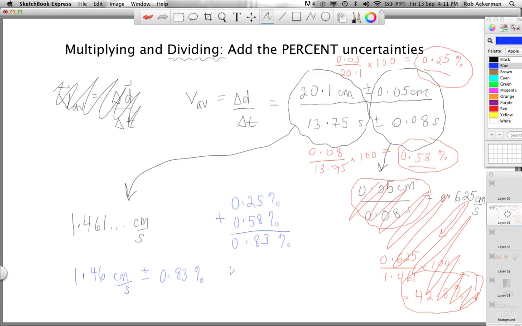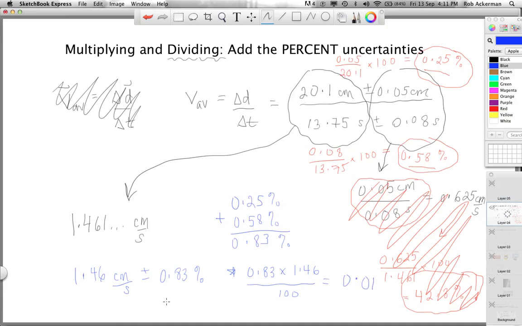And you can also convert this back into centimeters per second. 0.83% of 1.46 is 0.83 times 1.46 divided by 100, and now we see that we're actually dealing with 0.01.